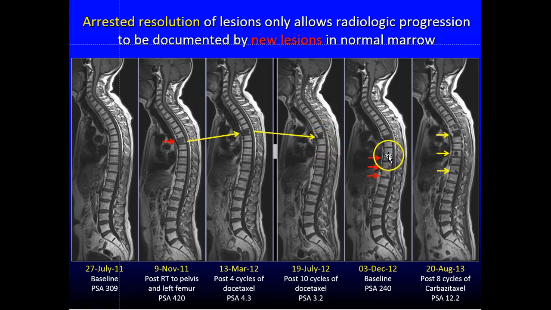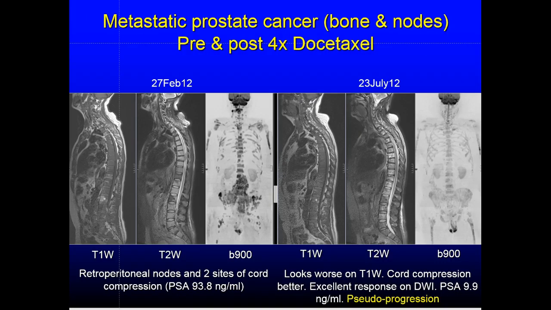New disease is manifest by the presence of new abnormalities in previously uninvolved bone, but again, these lesions also lead to sclerosis. And I just wanted to give you a more extreme example of that. So here's the same patient that I showed you previously on 2 occasions before and after 4 cycles of docetaxel.